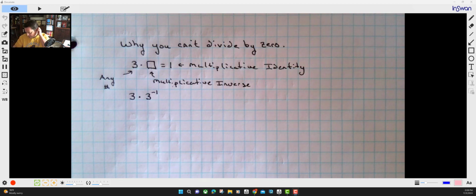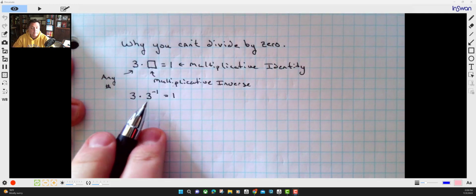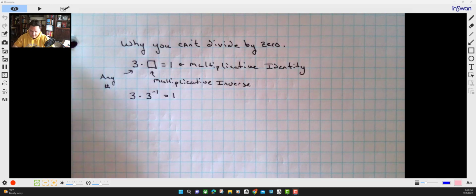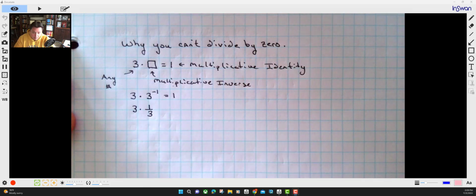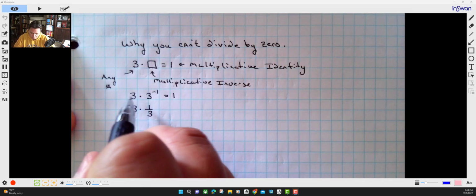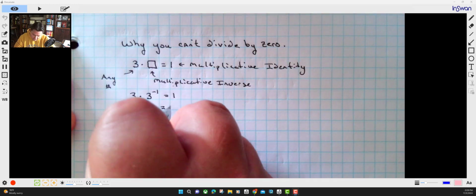So this number exists, and we give it the value, in terms of how we work with fractions, of 1 over 3, or 1 over the number we were looking at. And so that should be equal to 1.